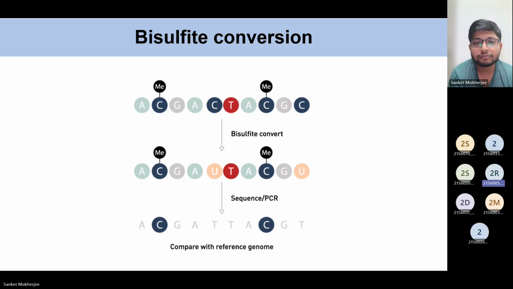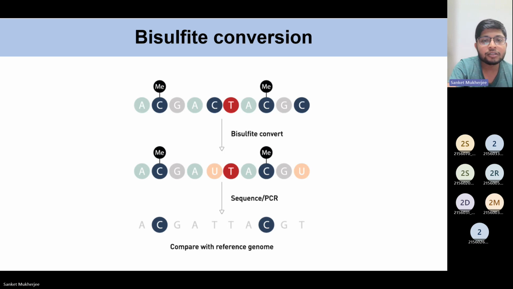Because for methylation sensitive restriction enzymes, if methylation is not present, it will cut the DNA, and hence we cannot compare with the reference genome. That will be a bit difficult. So essentially some of the cytosines might get missed if the methylation is not present in the restriction recognition site. So that is the answer.